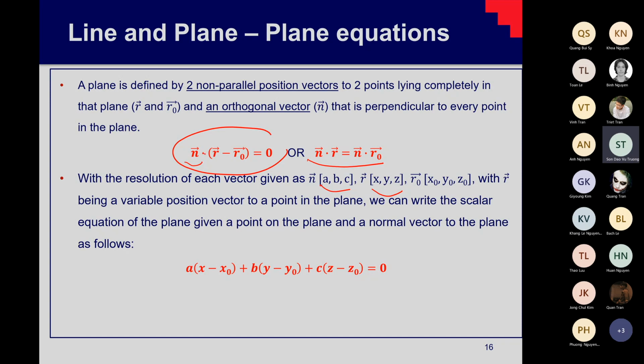So this is the dot product. So we have this equation: a times (x minus x0) plus b times (y minus y0) plus c times (z minus z0) equal to 0. Okay, so this is the equation for the plane.